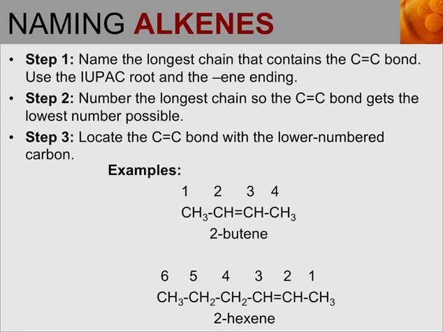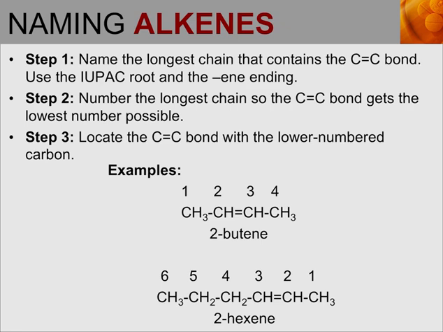Now, the first thing we're actually going to do is cover how to name alkenes, because this will make the rest of the chapter much easier to digest and interpret. So naming alkenes is really similar to naming alkanes. The only difference is we do have a double bond present, so we have to indicate where that double bond is, and we want to make sure that it's in the longest carbon chain.